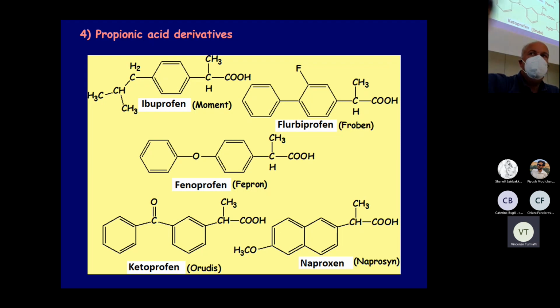So like the cars, you know, Toyota, Fiat, Volkswagen, the same shape, not the same engine, but more or less the same shape. Here is the same situation, the same shape, the same function, propionic acid residue. They change only the side chain.